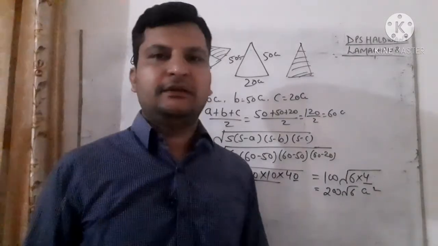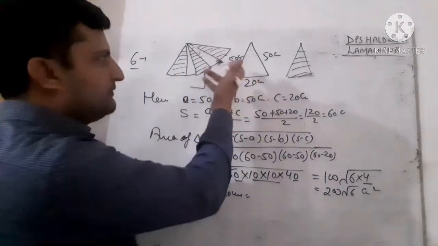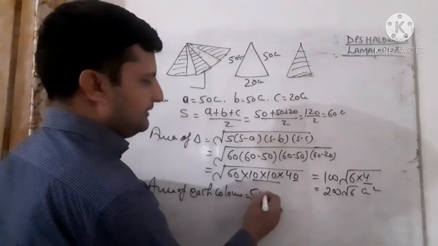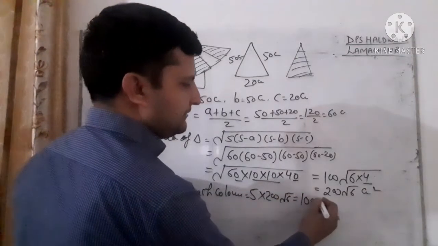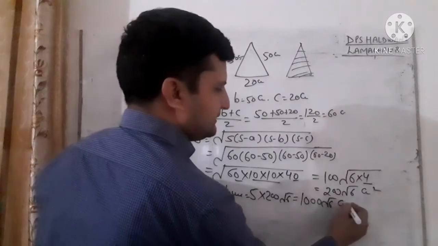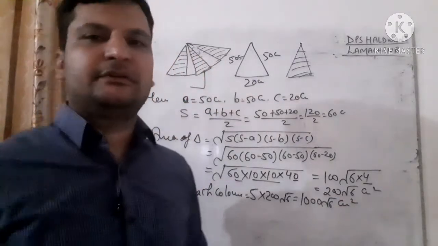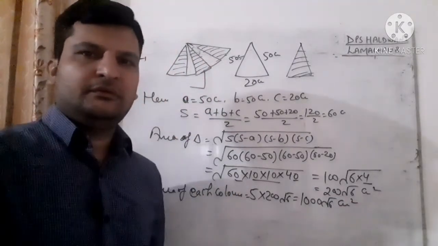Area of each color means area of the 5 triangular pieces. So we multiply by 5 into 200 root 6. That is coming 1000 root 6 centimeter square. This is coming, student, this one.